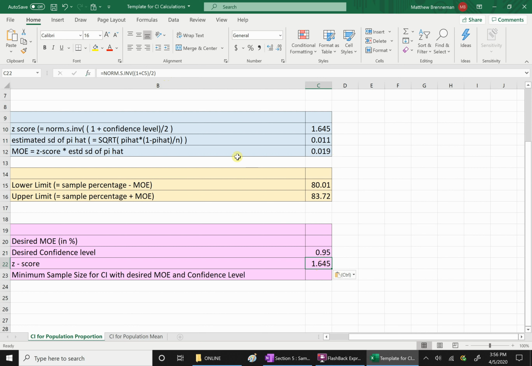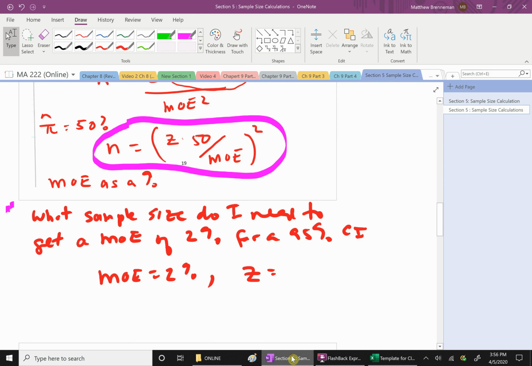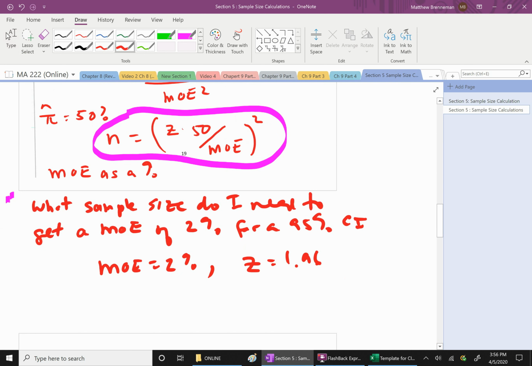And all I have to do is change the confidence level I used before to this confidence level here. And it'll be about 1.96, okay? So that's my z-score. And I just plug it into this. That's all I have to do.